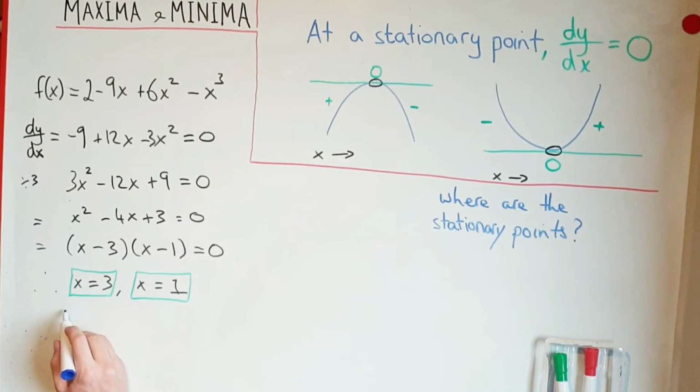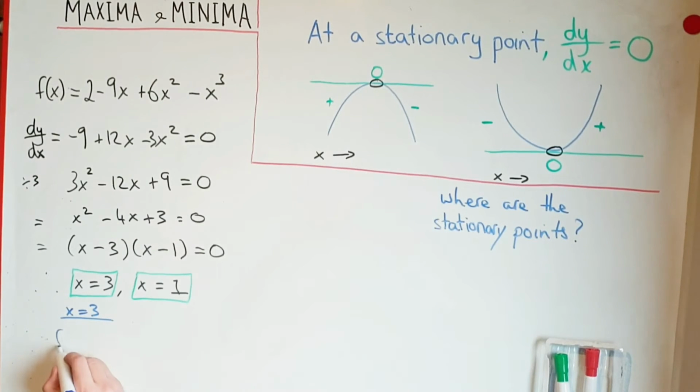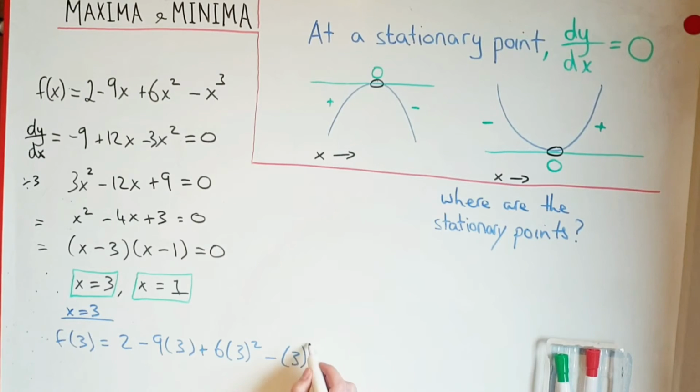So first we'll do x equals 3. I'll just do it in a different color to make it clear. Right, so f when x is 3 is equal to 2 minus 9 by 3 plus 6 by 3 squared minus 3 cubed.